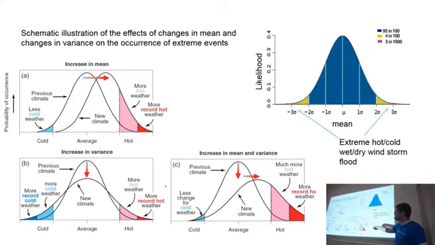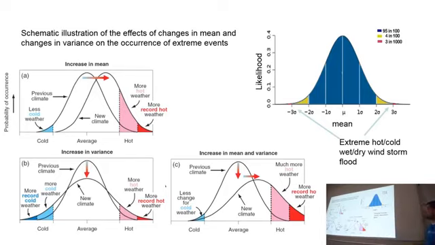If you have some threshold above which a particular day is hotter than this and it will kill some people, and that was just this little bit of the distribution here, very unlikely, then if you shift the whole distribution over a bit, getting hotter than that same temperature becomes a whole lot more likely. So if you shift the average, you get a much higher likelihood of an extreme hot event.